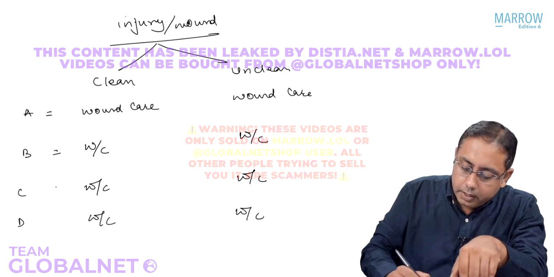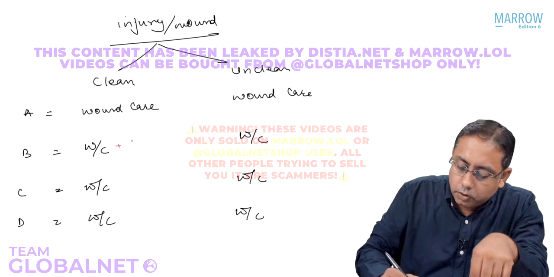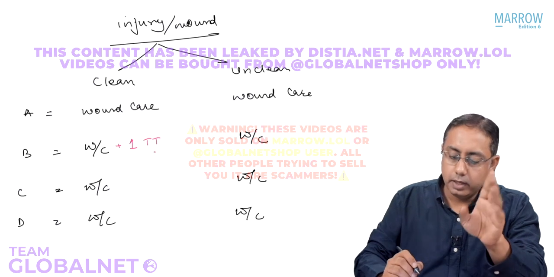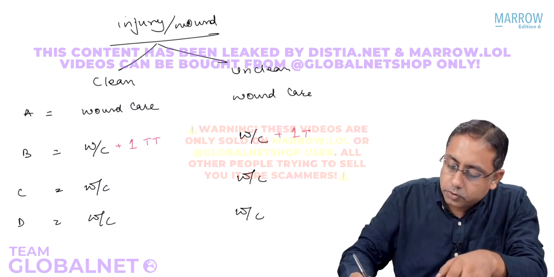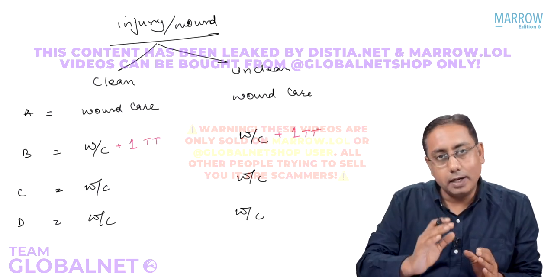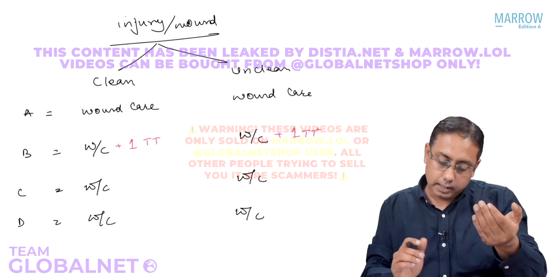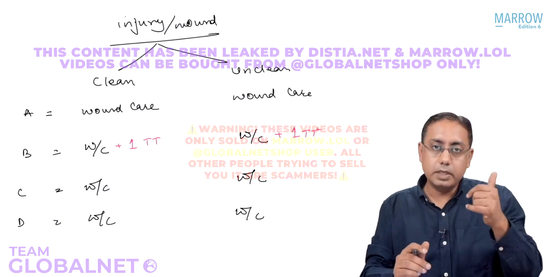So in category B, we are going to give the wound care, plus we are also going to give 1 dose of tetanus toxoid. So 1 TT shot has to be given in case it's a clean wound. In case it's an unclean wound, again you give 1 dose of tetanus toxoid. Now the difference will start occurring in case of category C. Category C patients are those who had their last vaccine more than 10 years ago.